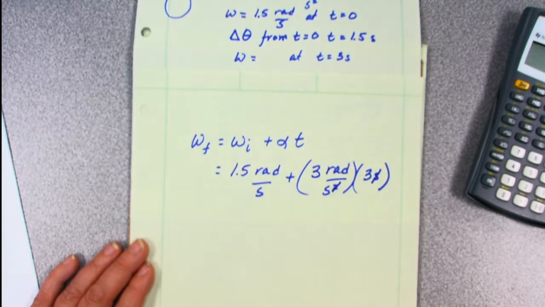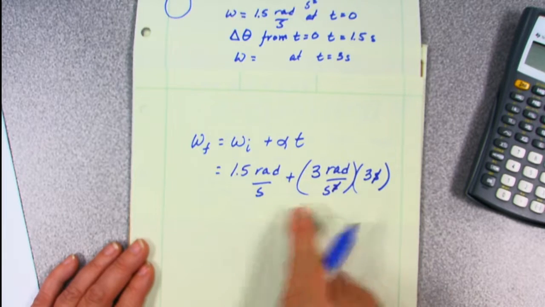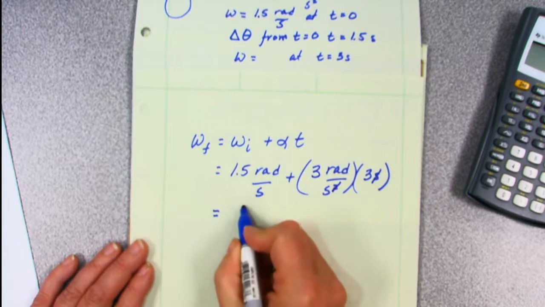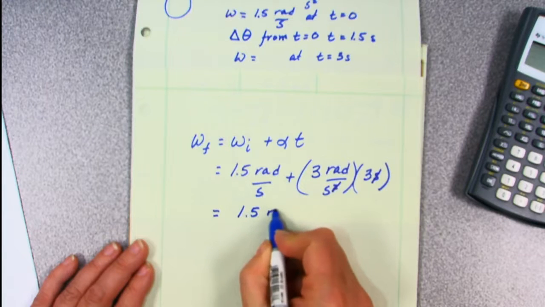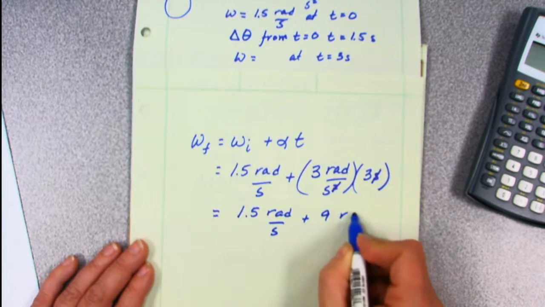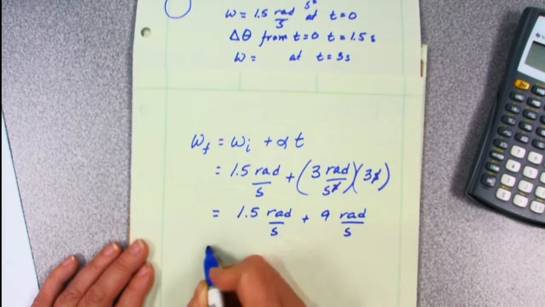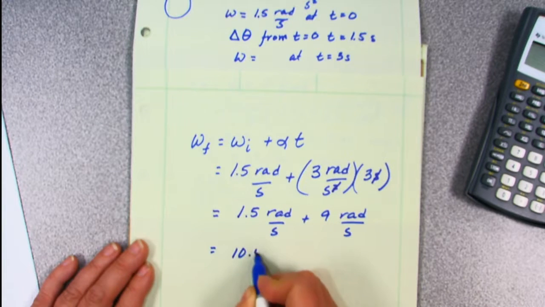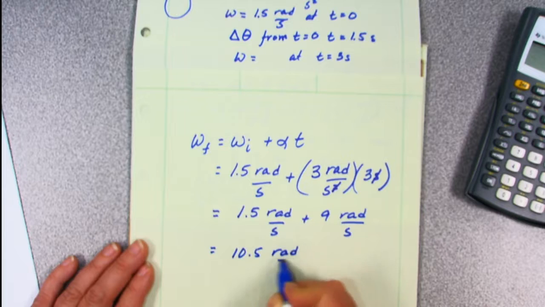That cancels that, so both of these units are radians per second, so I can add them up. I get 1.5 radians per second plus 9 radians per second gives me 10.5 radians per second.